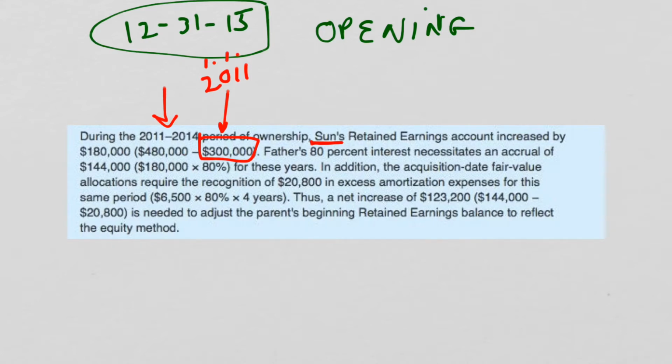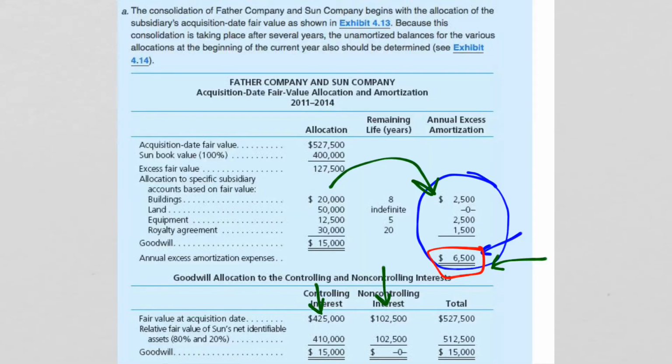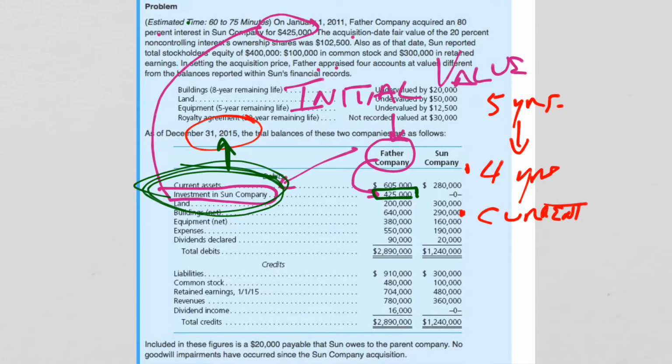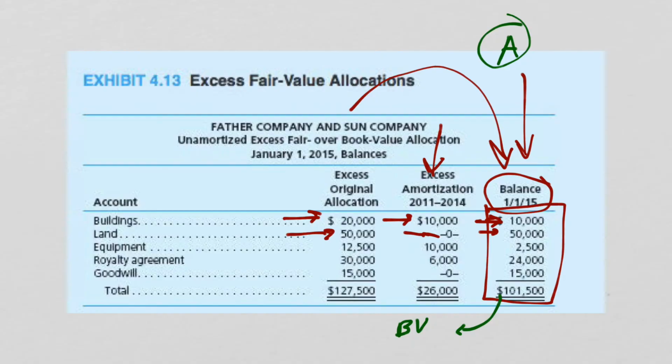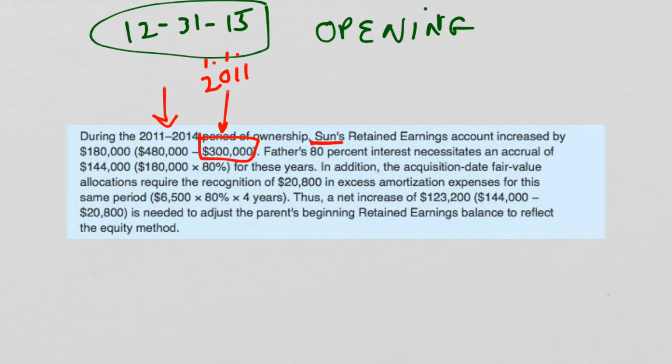And then, let's go back, at the beginning of 12/31/15, meaning 1/1/15, it's given right here. Here's the retained earnings in the subsidiary company. So we say the difference has been 480 minus 300, or $180,000.